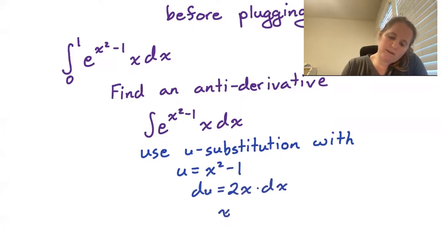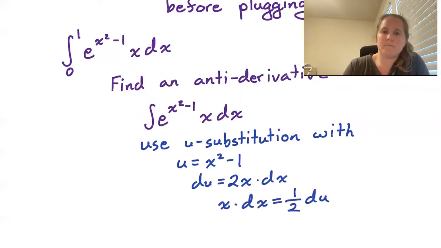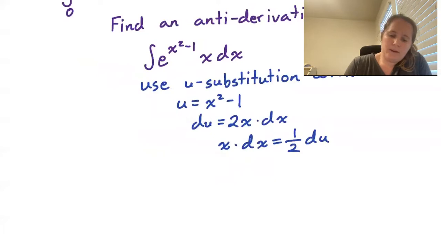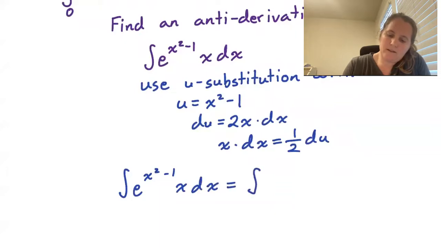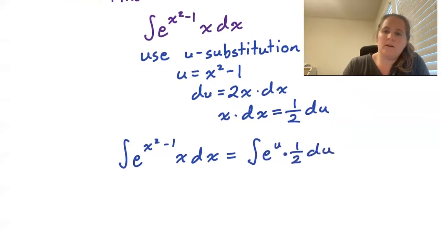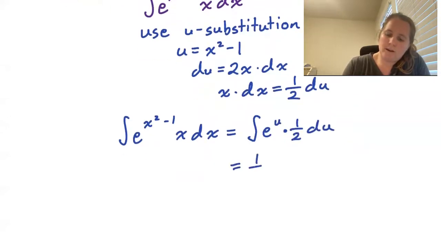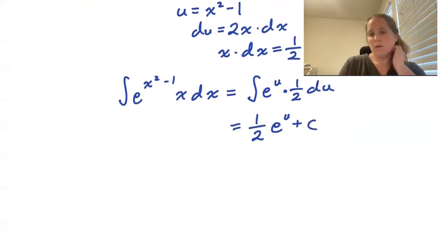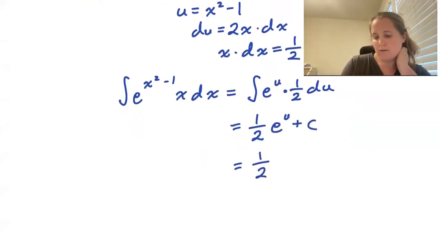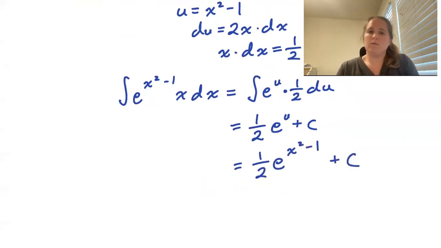We get that x times dx equals 1/2 du. So we can go ahead then and convert. The integral of e to the x squared minus 1 times x dx is the same thing as the integral of e to the u times 1/2 du. If we integrate this, this becomes 1/2 e to the u plus c, or 1/2 e to the x squared minus 1 plus c for our antiderivative.